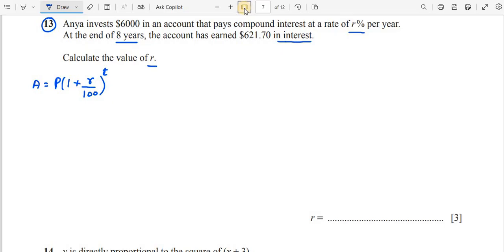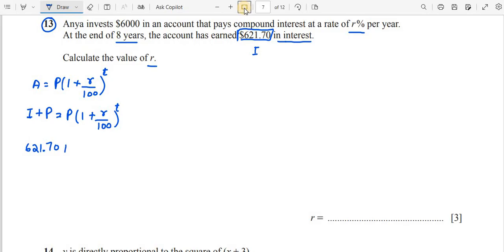So A is equal to P plus I, where I is the interest and P is the principal, equal to P times (1 plus R over 100) to the power T. So I is the interest, which is equal to 621.70.